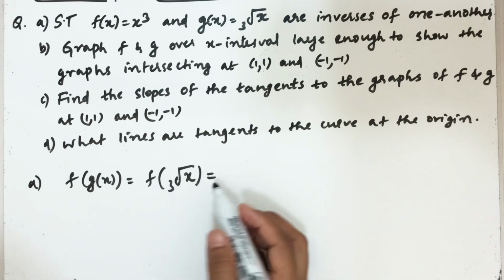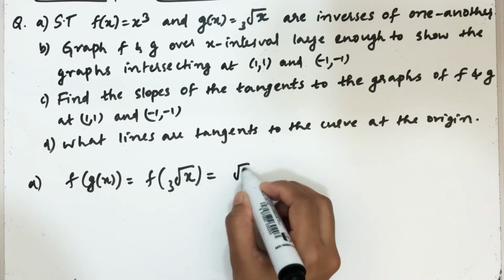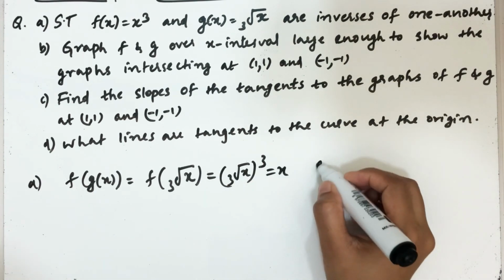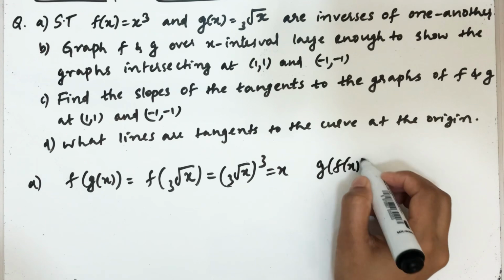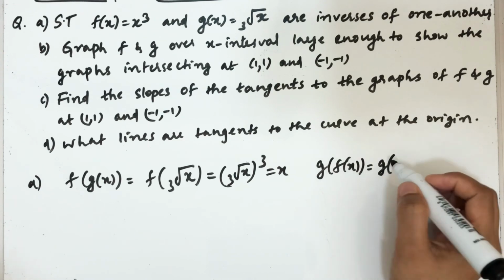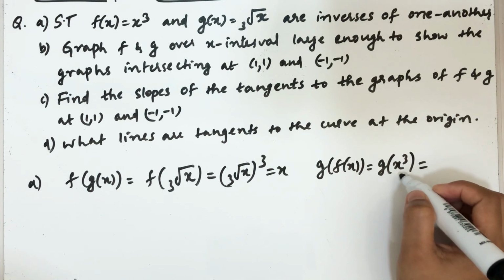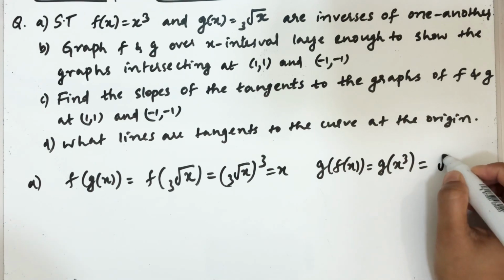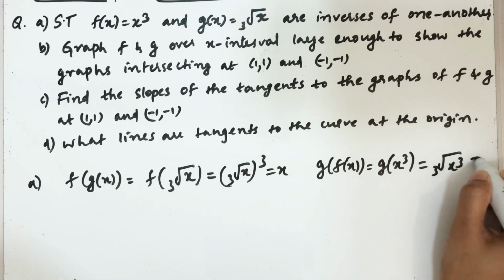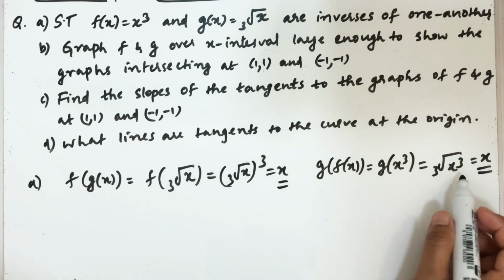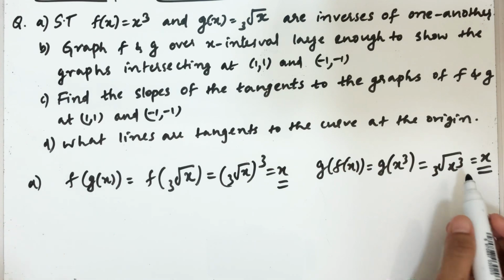So f of cube root of x is cube root of x the whole cube, which is equal to x, identity. Like that, g of f of x, where f of x is x cube and g of x is cube root of x. So g of x cube is cube root of x cube, which is equal to x, identity. So we can say f and g are inverses of one another.